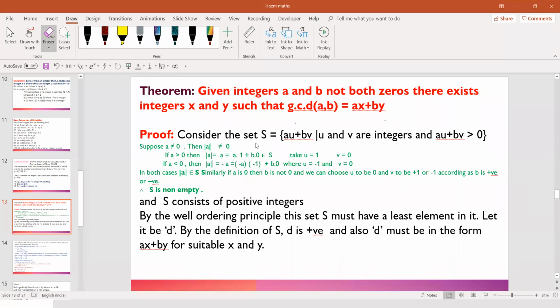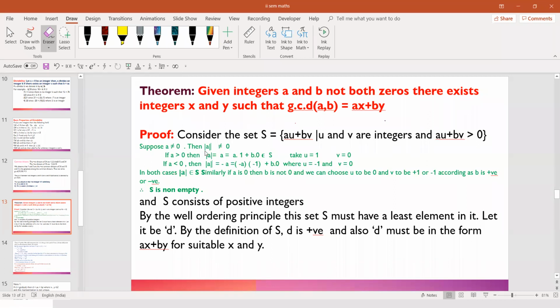Why non-empty? Because that proof is given here, in green letters. This is the proof of showing this is non-empty. A and B are given integers, right? They are not both 0, so one of them is not 0. I assume A is not 0.